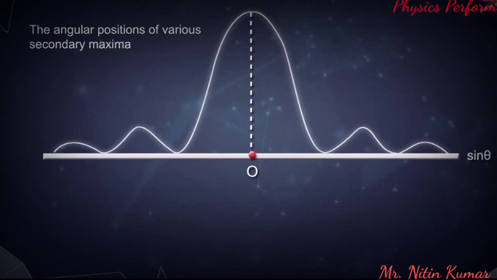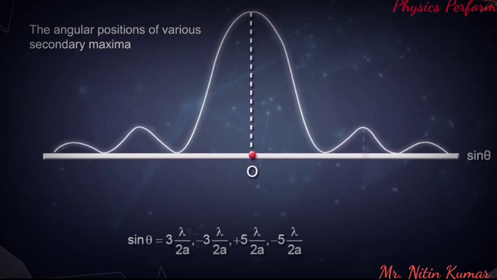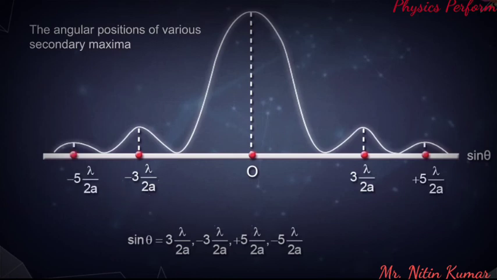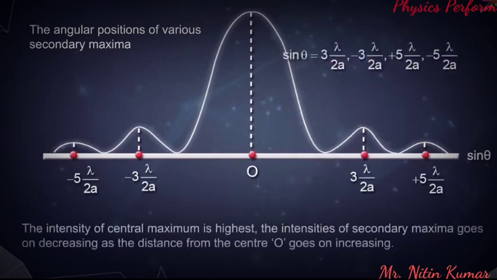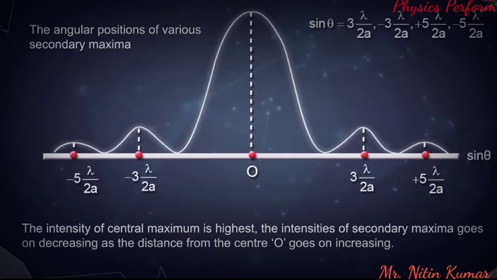Similarly, the angular positions of various secondary maxima are sin theta is equal to 3 lambda by 2a, minus 3 lambda by 2a, plus 5 lambda by 2a, minus 5 lambda by 2a, and so on. The intensity of the central maximum is highest and the intensities of secondary maxima go on decreasing as the distance from the center O goes on increasing.